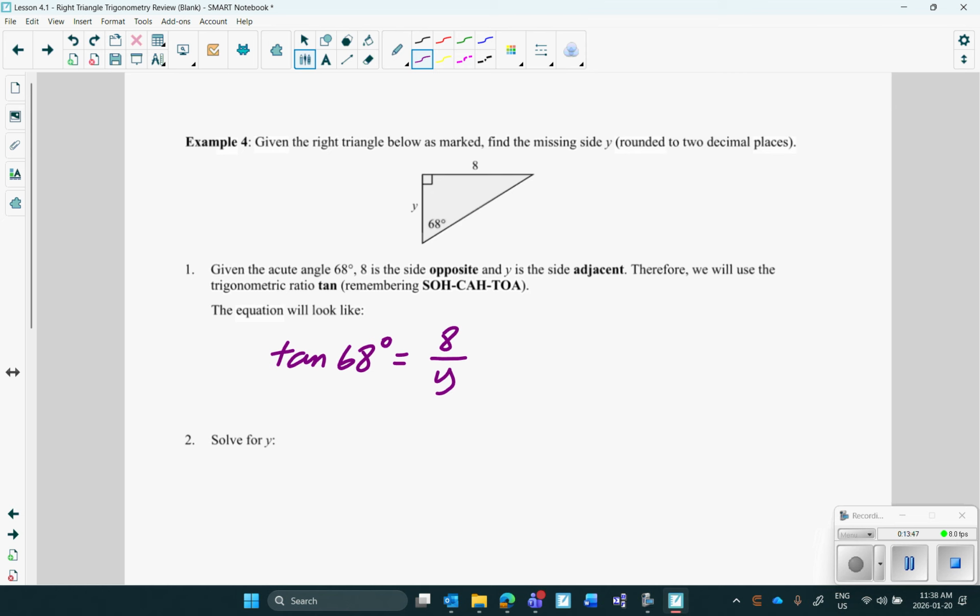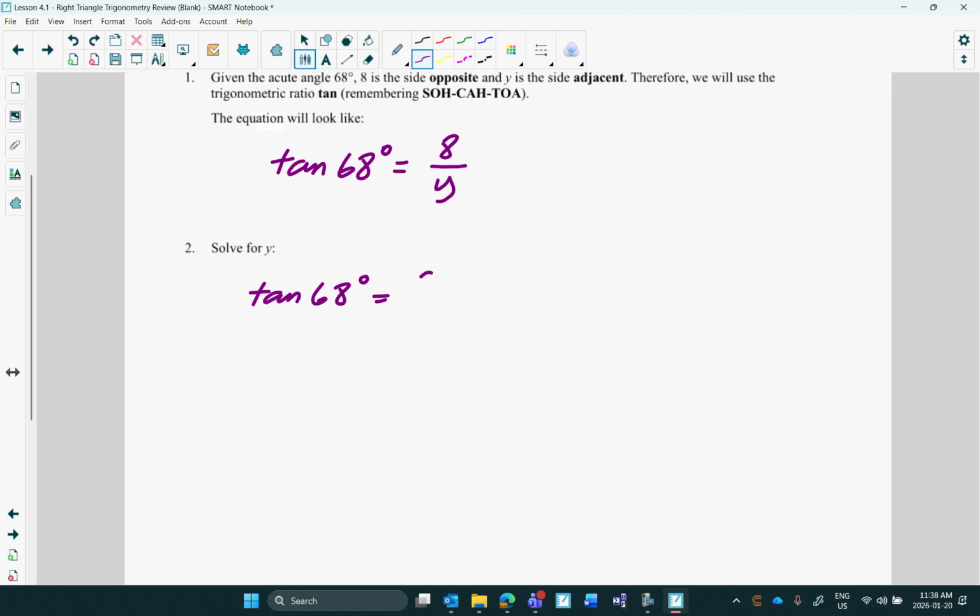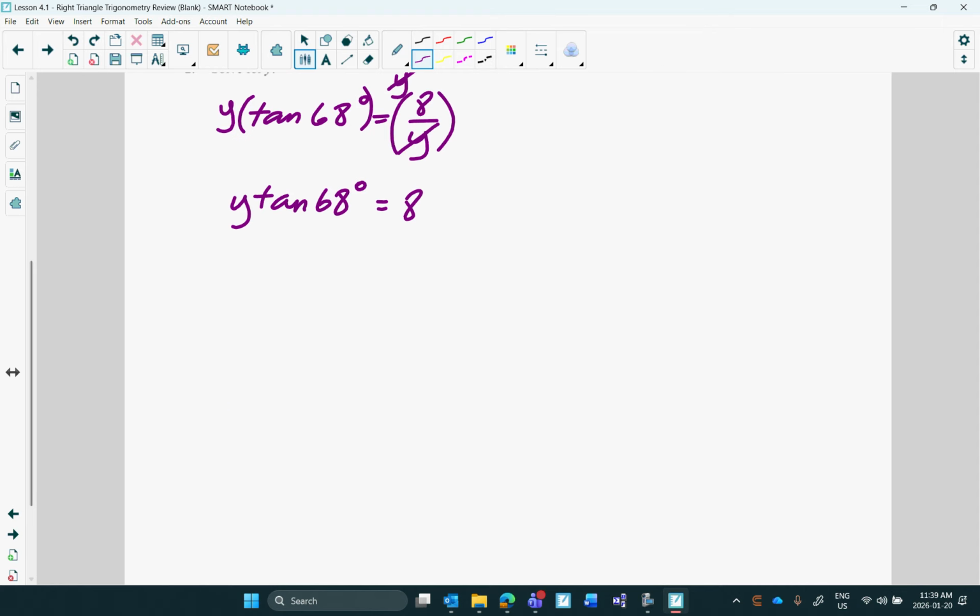And then we're back to equation solving. I'm just going to rewrite this. I always want to get rid of fractions right away, so I would multiply both sides of the equation by y. Times y, divide y, cancel each other out. So I get y times the tan of 68 degrees is equal to 8. Still don't have y by itself. How do I get y by itself?